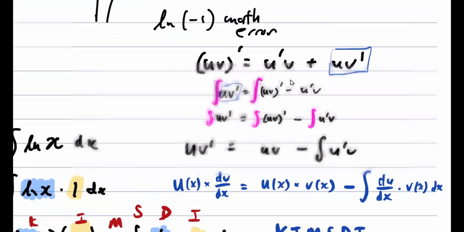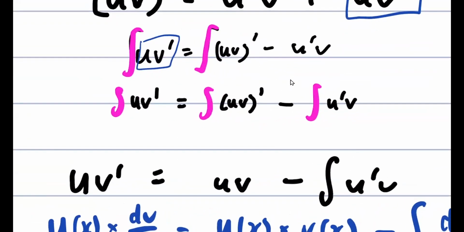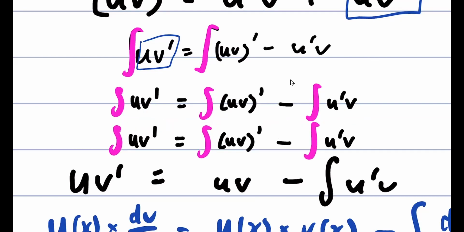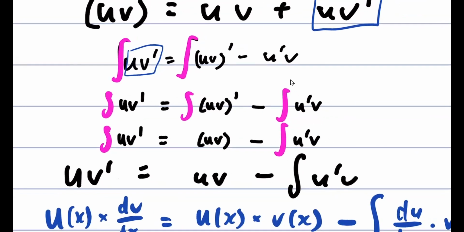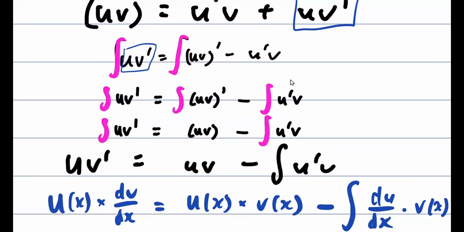So let me just write in one more line for you. That means everything else stays the same. I'm gonna copy and paste this. But these two will cancel each other off. Can you see? Cancel off. Then you make uv' the subject.